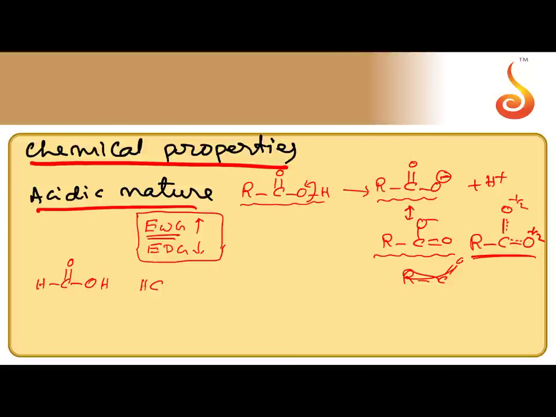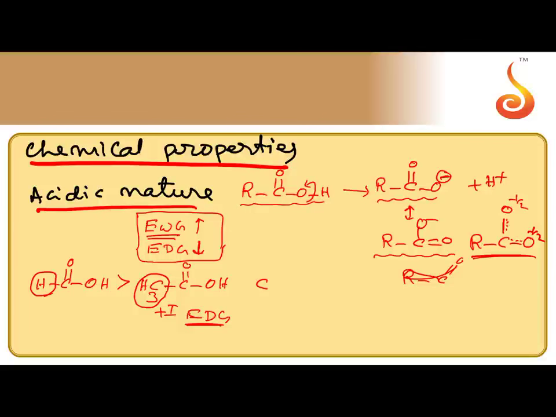Formic acid and acetic acid you take. Here in place of H, CH3 is written. CH3 shows plus I effect. It acts as electron donating group. So electron donating group decreases acidic strength. That's why formic acid is more acidic when compared with acetic acid.